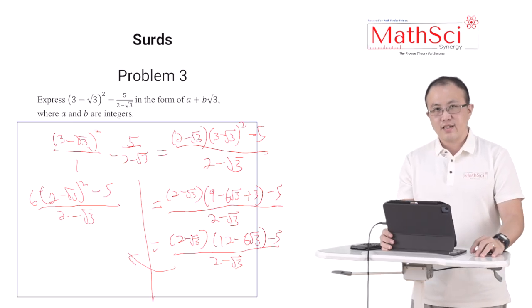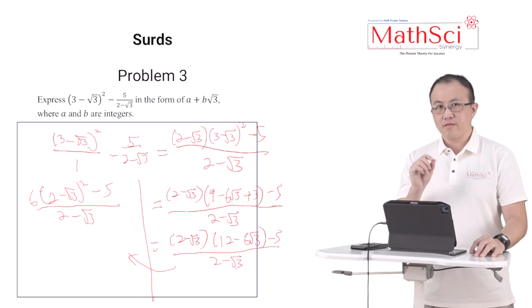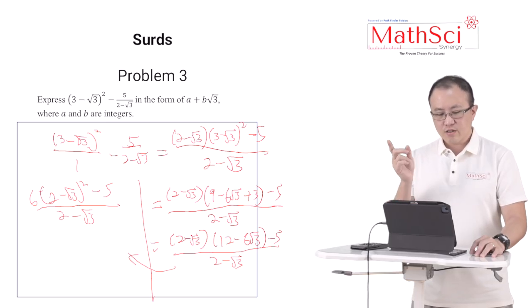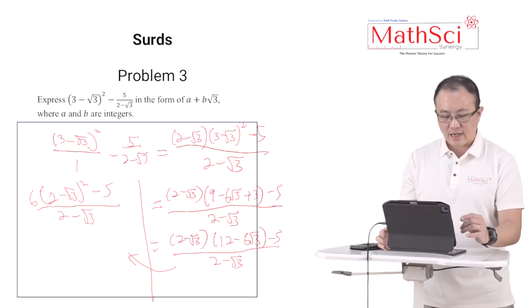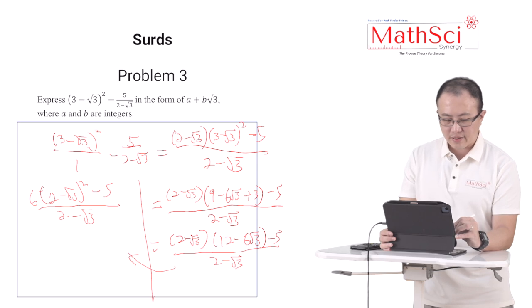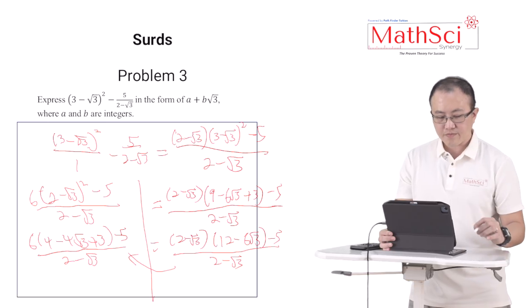So can you now see that by doing this, I can avoid the problem of multiplying very big numbers? Okay, actually I don't have to do 2 times 12, 2 times 6 or 6 root 3 and so on and so forth. So if I can avoid that, I will try to avoid that. So now, as you can see, I can apply the formula again. So this will become 6, 4 minus 4 root 3 plus 3. Okay, then after that minus 5 over 2 minus root 3.